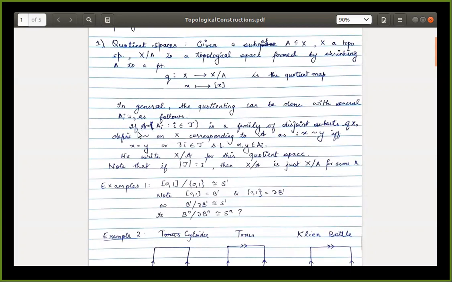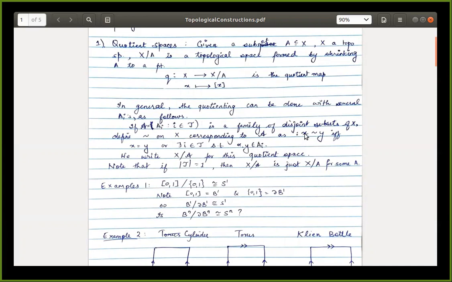Let's say this calligraphic A is a family of disjoint subsets of X. Of course you want them disjoint, otherwise the equivalence classes will not remain well defined. J is an indexing set here, and you collect some disjoint subsets A_i of X. Then we can define the quotienting on each of the A_i, which means all the points of A_i are being sent to one class.